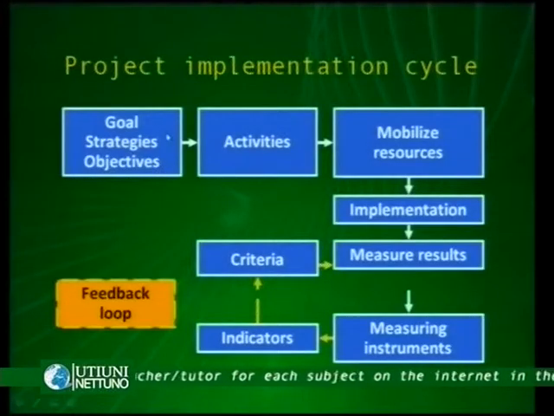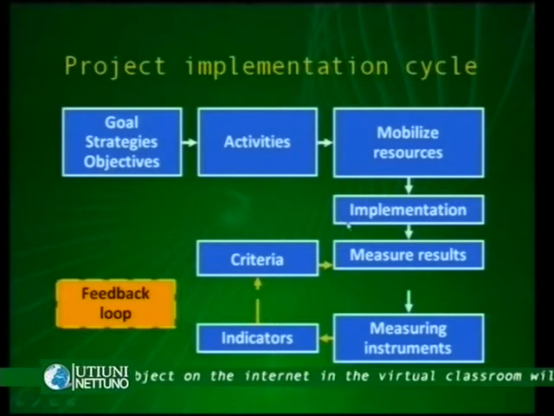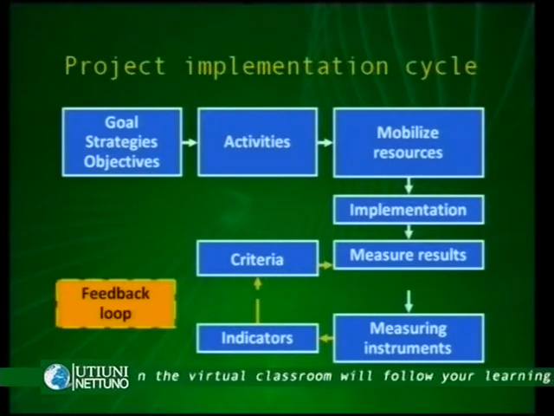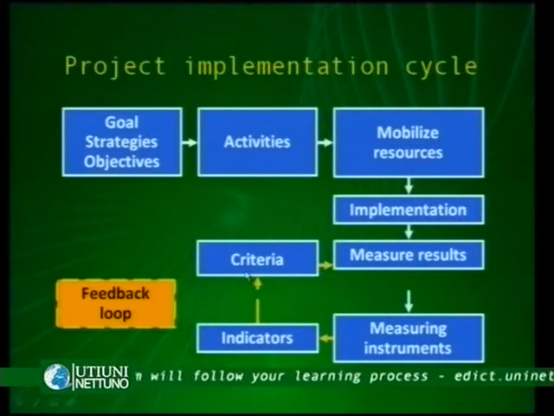So, in short, we have the implementation cycle made of goals, strategies, and objectives, activities, resources, implementation, results. And then we have the feedback loop, which is made of results, instruments, indicators, and criteria. This is a very general framework which is extensively used for depicting and describing the several activities related to whatever investment project.